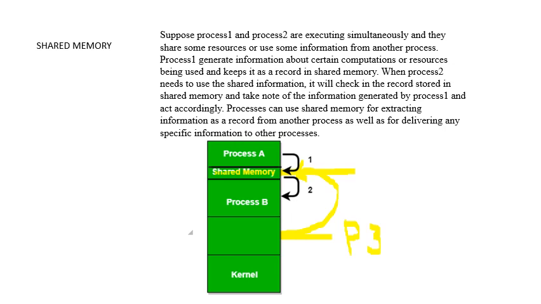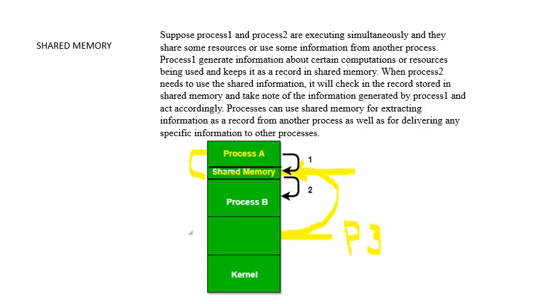Suppose process 1 has executed some part of code and it is storing it in the shared memory. Then the same code which process A stored in the shared memory is required by process B for further execution.